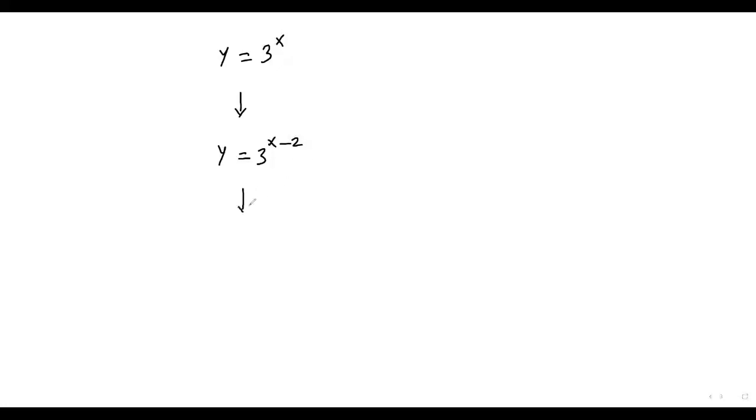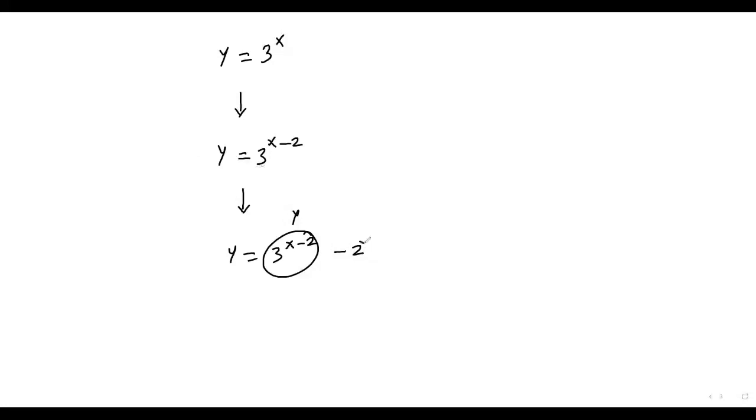Okay, now we have to apply the second transformation, that is y is equal to 3 to the power x negative 2, negative 2. When I look at the previous case, this is the value of y. So this one is considered to be y in the previous step. So from y, we subtract 2. Whenever we add or subtract any value from y, it's a vertical translation.